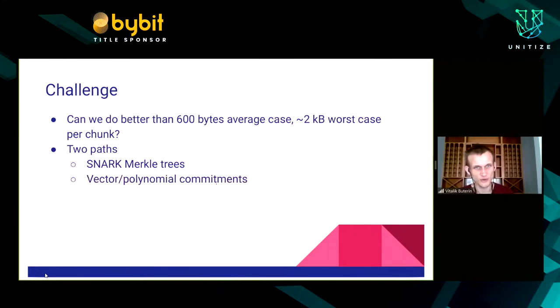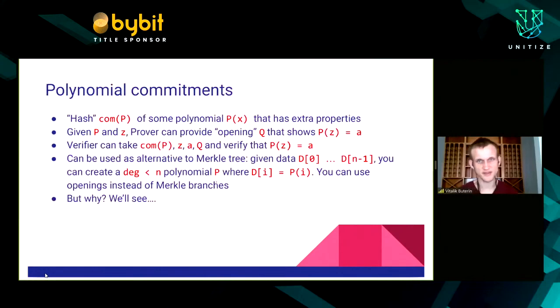Now, the second approach, vector and polynomial commitments. Quick math overview. A polynomial commitment is a special kind of hash of a polynomial. A polynomial is this big thing. It has a whole bunch of coefficients. It can contain a lot of information. And we create this kind of hash of that polynomial where that hash has extra properties.